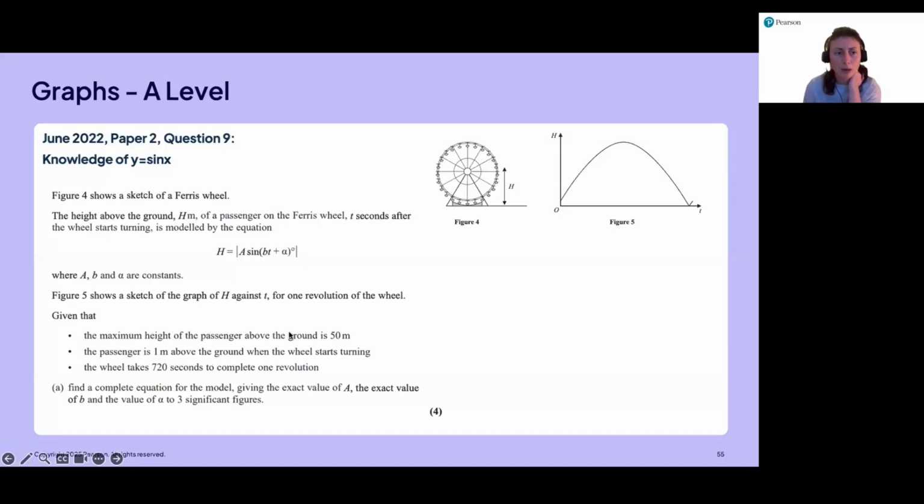I'm going to give you a minute or so to read this through to yourself. If you want to go ahead and try and find the complete equation, please feel free to go ahead. We're looking for the exact value of A, the exact value of B, and alpha to 3SF.